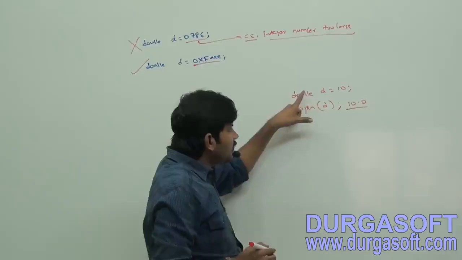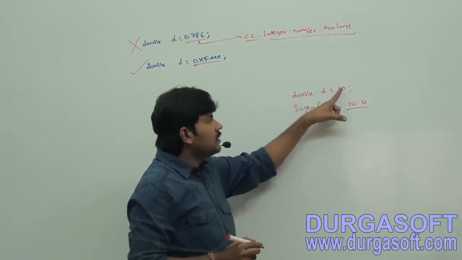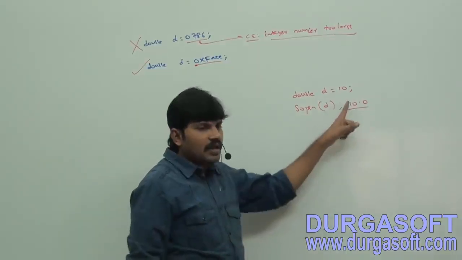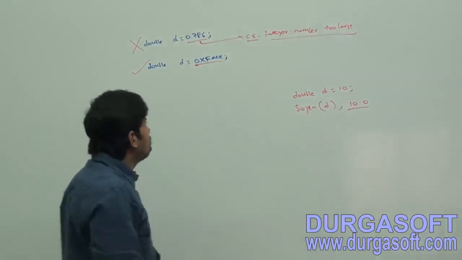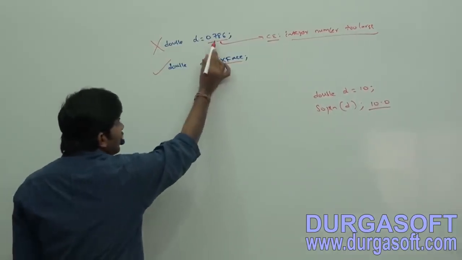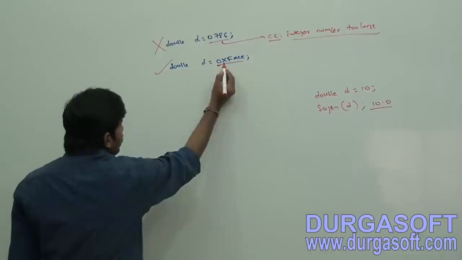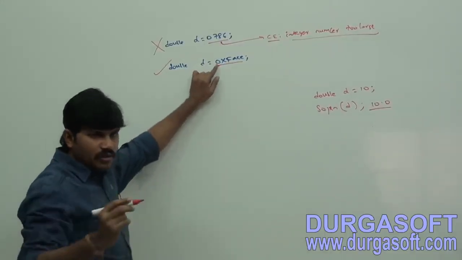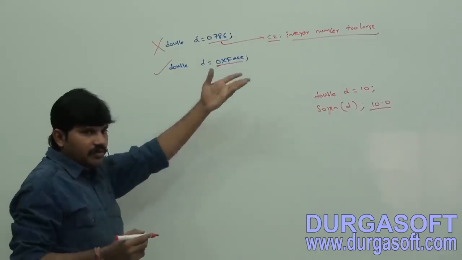An integral literal can be assigned to a floating point variable, so it is automatically converted to float or double type. This is 10.0. Same here, integral literal we are trying to assign. Do you know 0xface? 64206.0 is the value I will print.